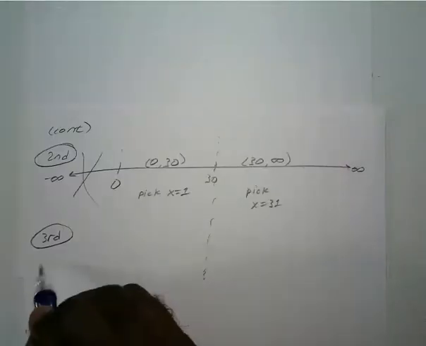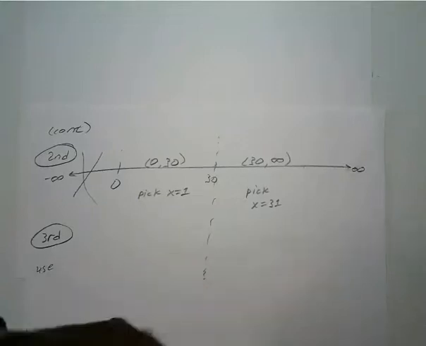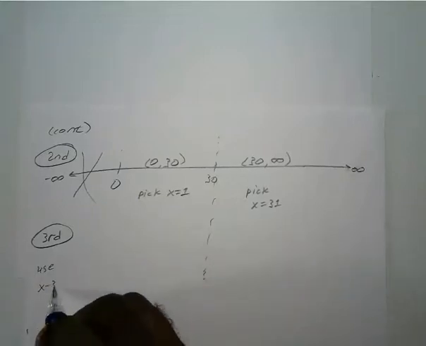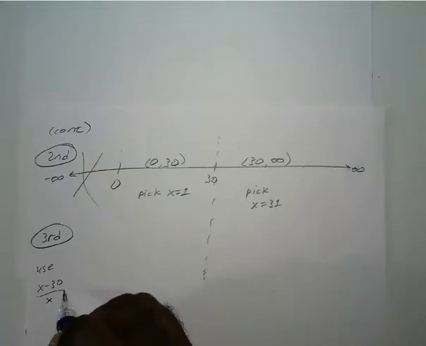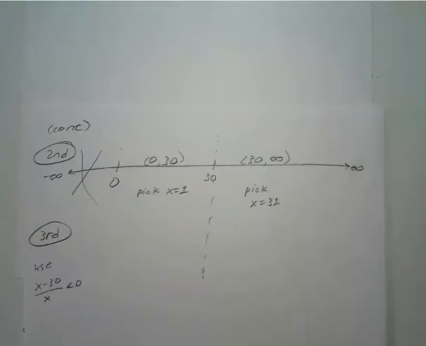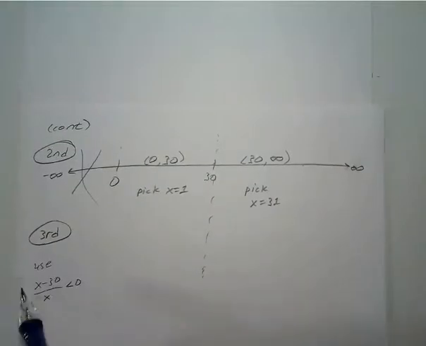Okay, so we're going to use x minus 30 over x is less than 0. Or you can put negative 200 times that less than 0, whichever one works for you.